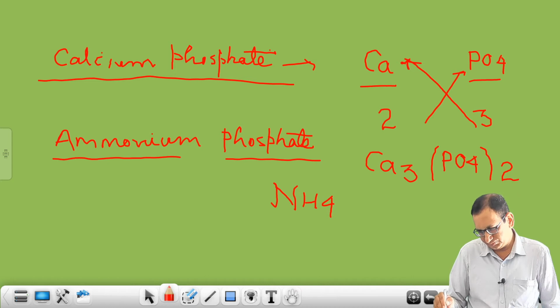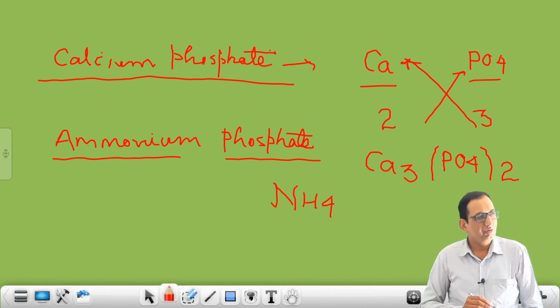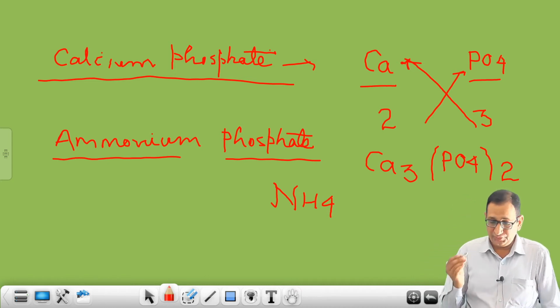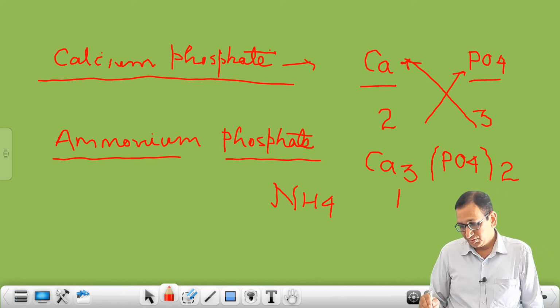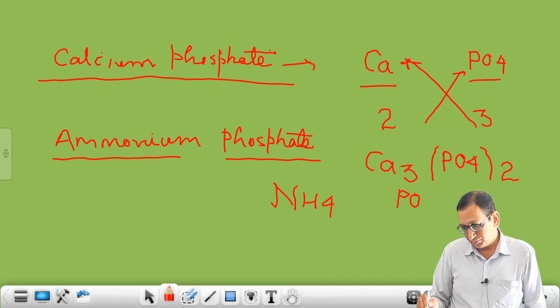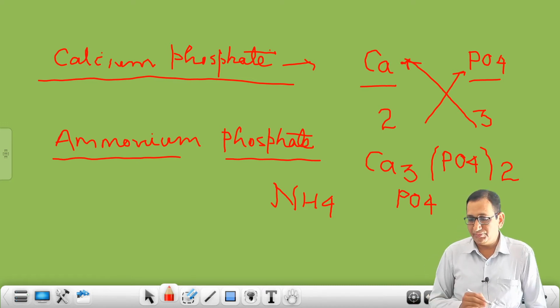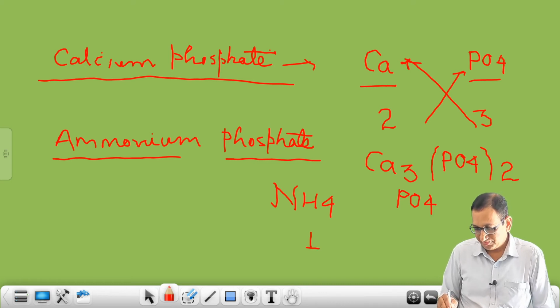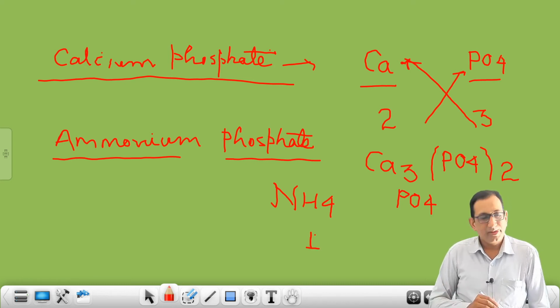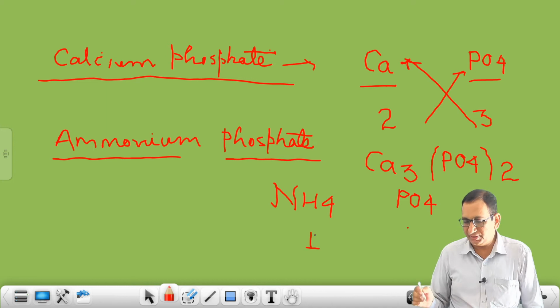This is for ammonium. Phosphate is again there. Here we will write PO4. This is for phosphate. Valency of ammonium is definitely 1. Valency of phosphate is 3.